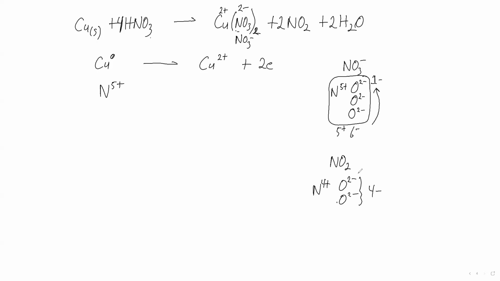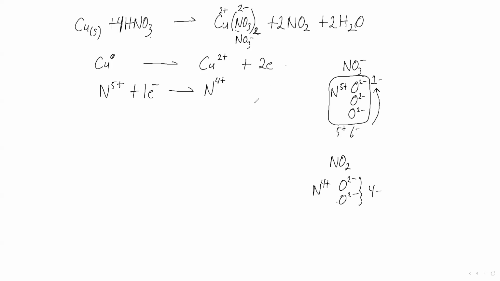Okay. So nitrogen is 4+. So that means nitrogen got an electron and went to N4+.